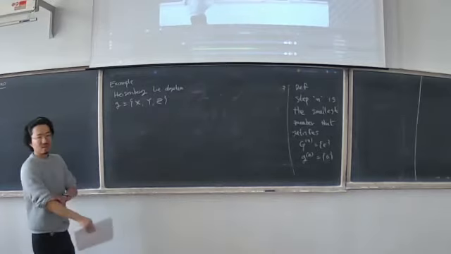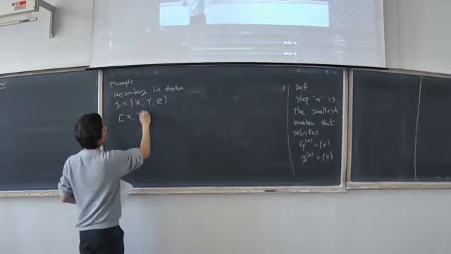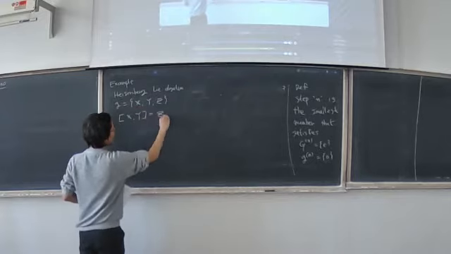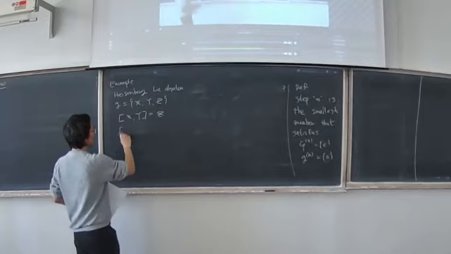These three elements satisfy the following: x and y do not commute, but the other pairs commute.